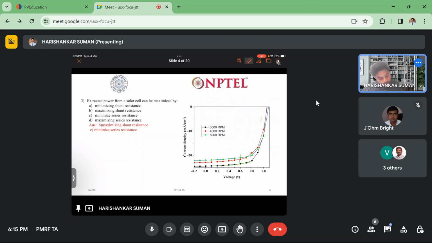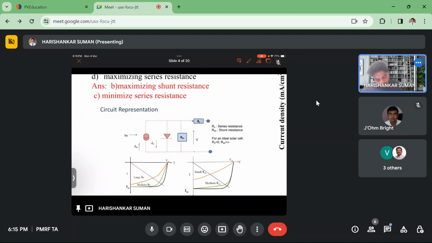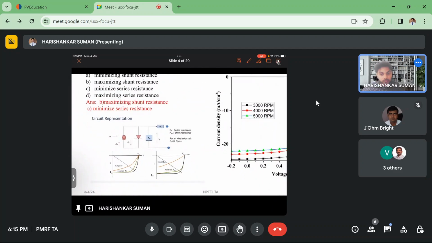Clear to you? So please look at this also. This is the solar cell circuit.